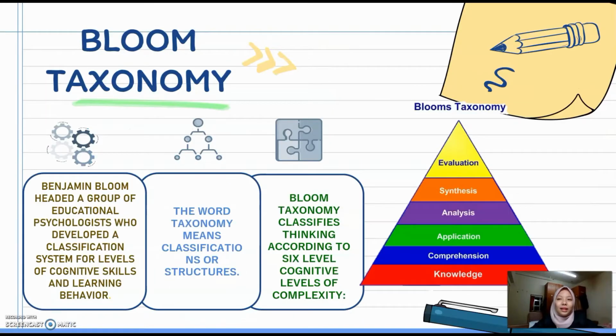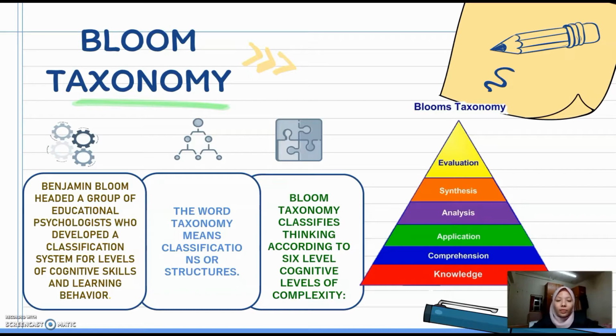First of all, I would like to present what Bloom's taxonomy is. Bloom's taxonomy was made in 1956, when Benjamin Bloom headed a group of educational psychologists who developed a classification system for levels of cognitive skills and learning behavior.